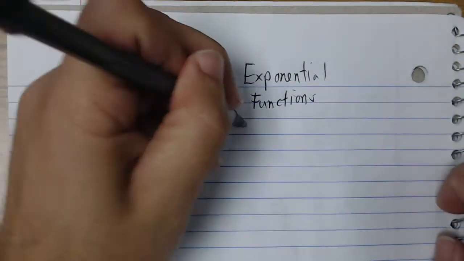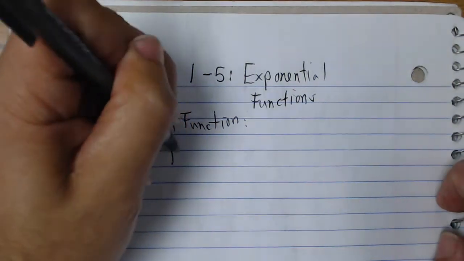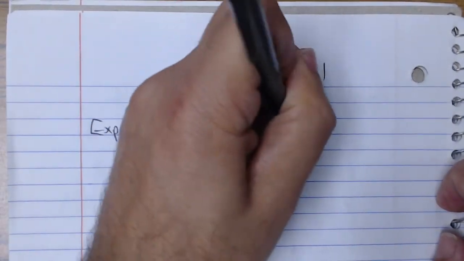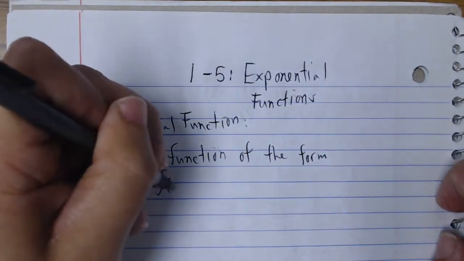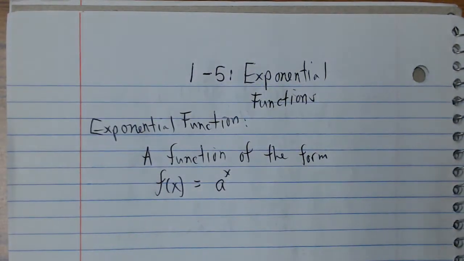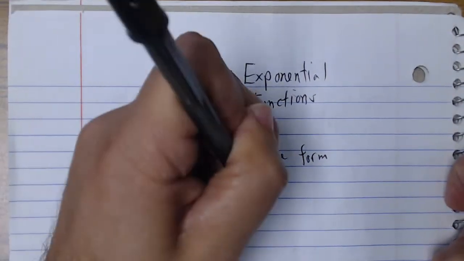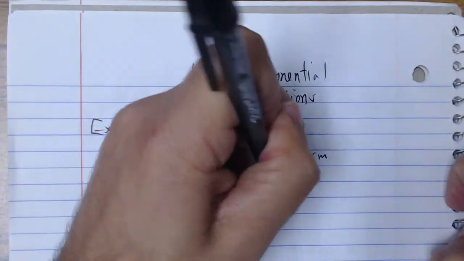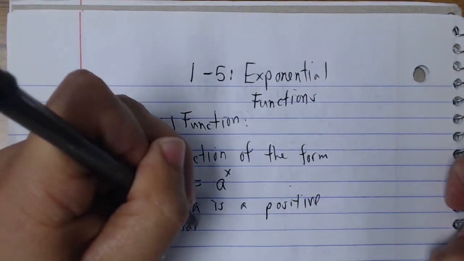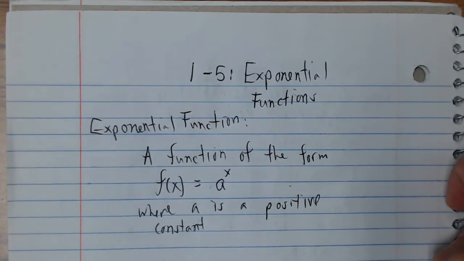Anytime we talk about an exponential function, this is a function of the form f of x equals a to the power of x, where a is a positive constant. a can't be negative for obvious reasons, because if a is negative, then you'll just be jumping up and down, and then you don't have a function anymore.